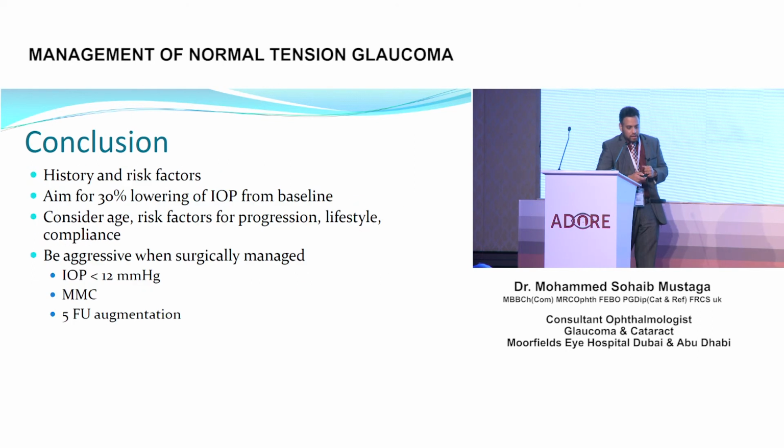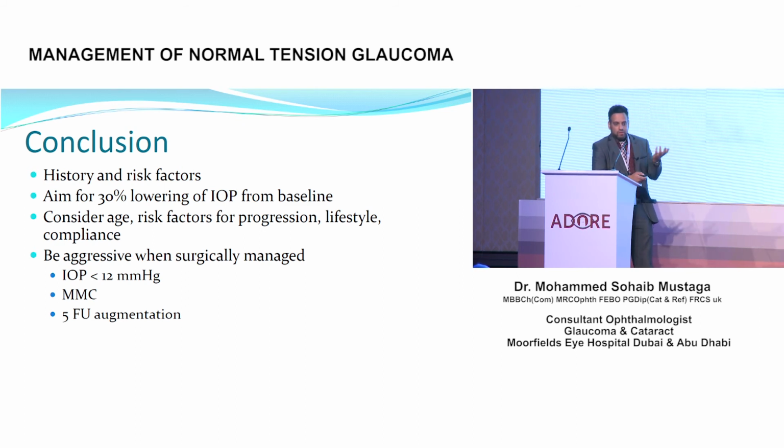But essentially, in this condition, taking a good history, a systemic history, and really going into the risk factors is very important. You need to aim for a 30% lowering of IOP from baseline, but you should really be able to get them as low as you possibly can, especially if they have risk factors, and considering their age and their visual field defect.